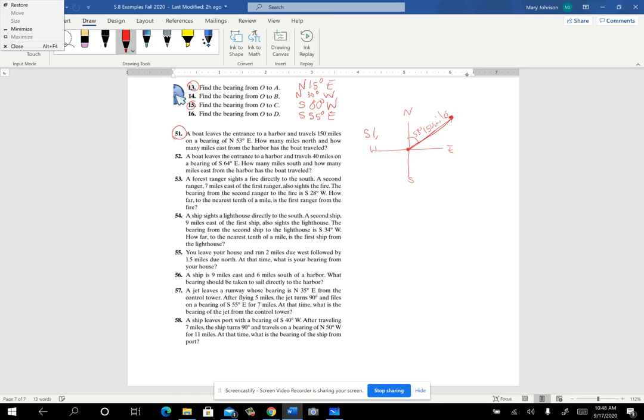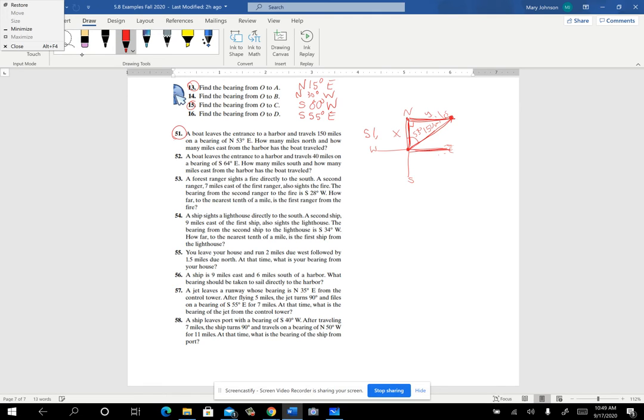So they want to know what is this and what is that? How far north, how far east from the harbor did the boat travel? And you know that length right there would be the same as this length right here. So it doesn't matter whether you draw it up here or down here, but I'm trying to get it inside that triangle is why I use that top one.